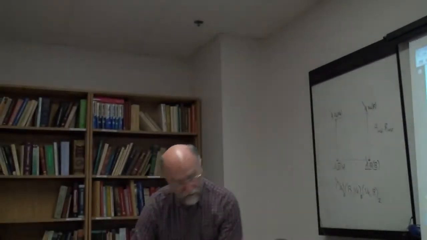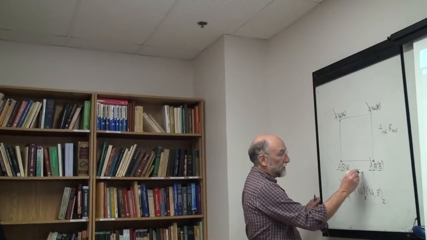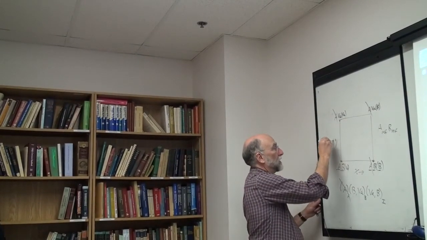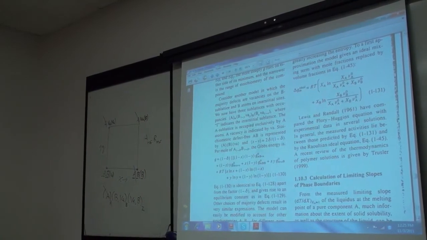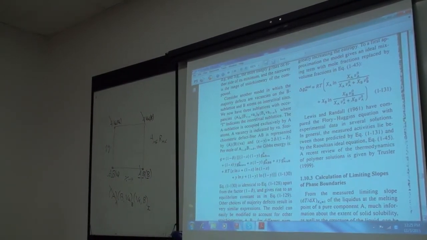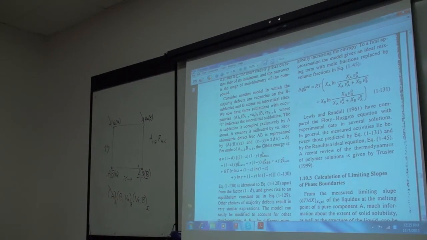I better do that because the red doesn't show up. This is a little X along here, and this is a little Y along here. Okay, X and Y on this direction.